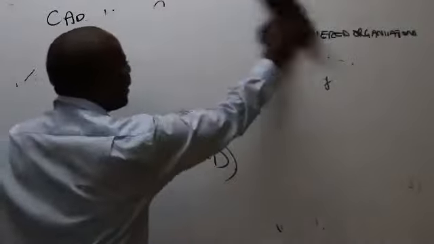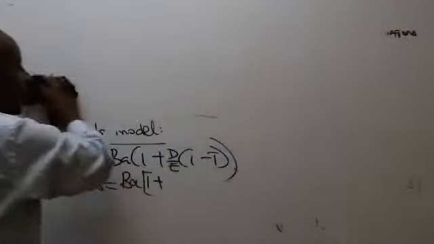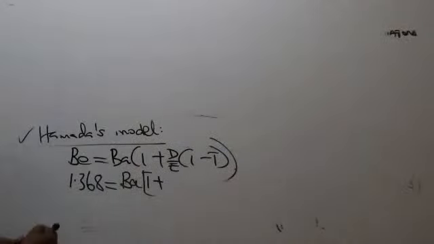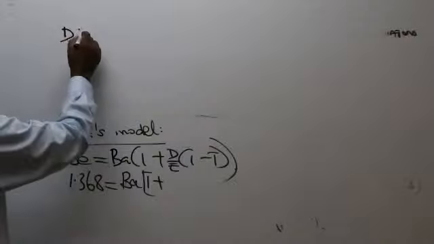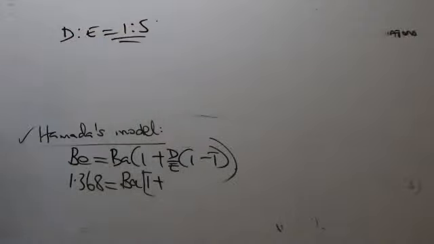It should be 1:5. What they're giving us there is a debt to equity ratio. Debt to equity ratio is 1:5.